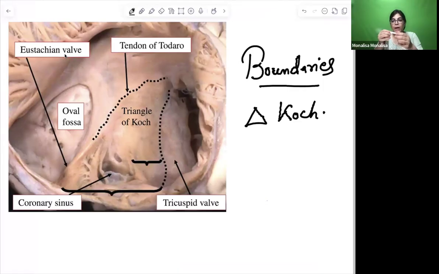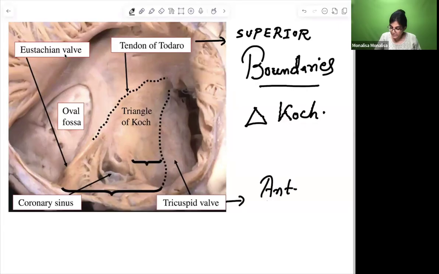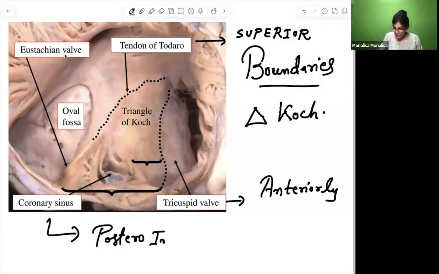If we talk about the boundaries, it is bounded superiorly by the tendon of Todaro. Tricuspid valve is anteriorly and postero-inferiorly is the opening of coronary sinus. Can anybody tell me what lies inside triangle of Koch?